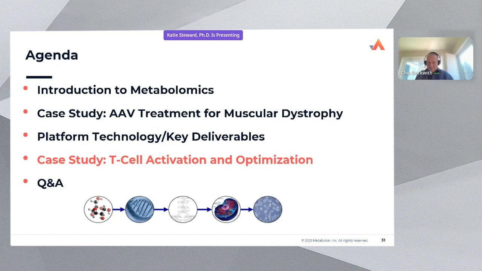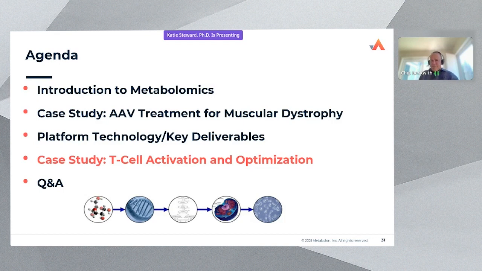We get around some of those batch effects and normalizations by collecting bridging samples, basically. So there's a few different options for that. If that's something that you're interested in, we're definitely happy to have that conversation again as well. But we do have options for bridging those and getting around some of those batch normalization challenges.